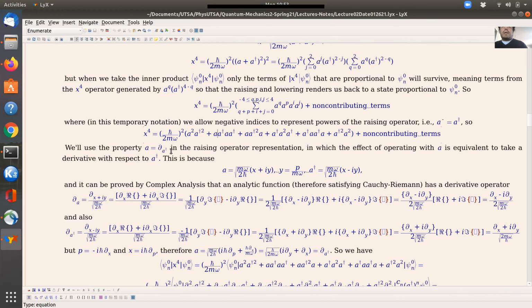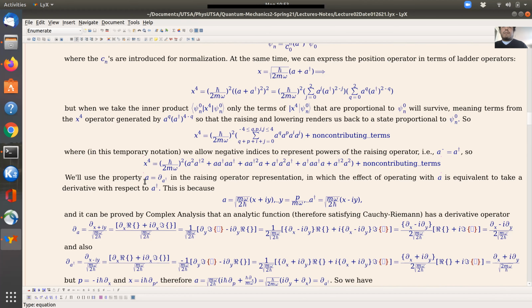So, okay, this is another nice trick that you might be faced to use in this problem. You have the X representation and the P representation, for position and momentum. If you were in the raising operator representation, the way the lowering operator would look is basically the partial derivative with respect to A dagger.